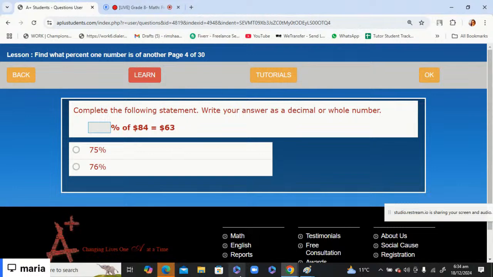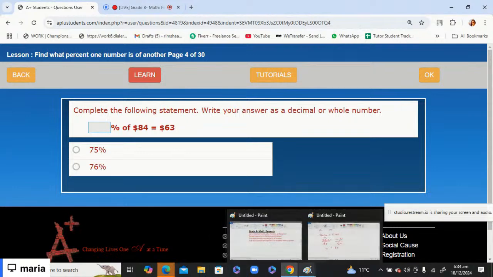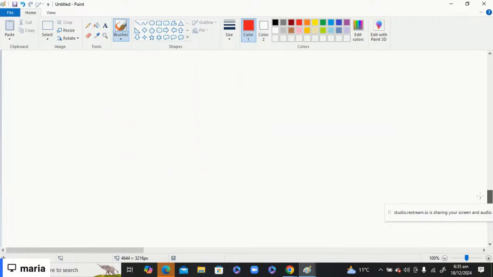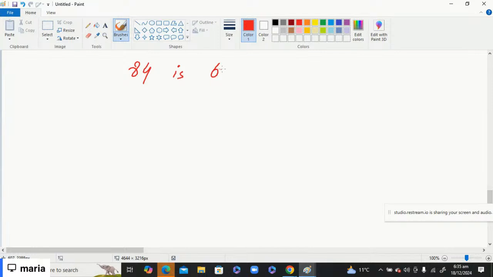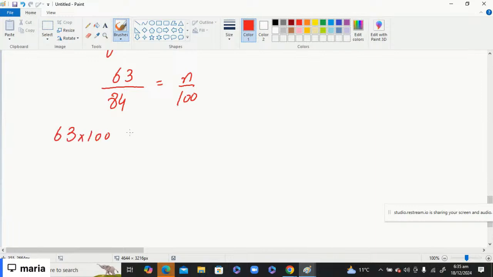Dash percent of $84 is $63. So how can we solve it? Just divide 63 over 84 equals n over 100. Now cross multiply: 63 times 100 equals n times 84.